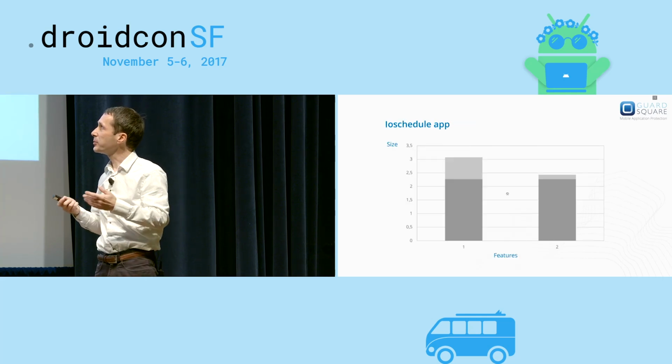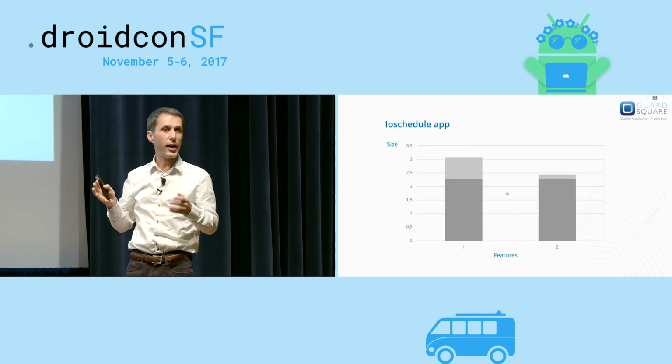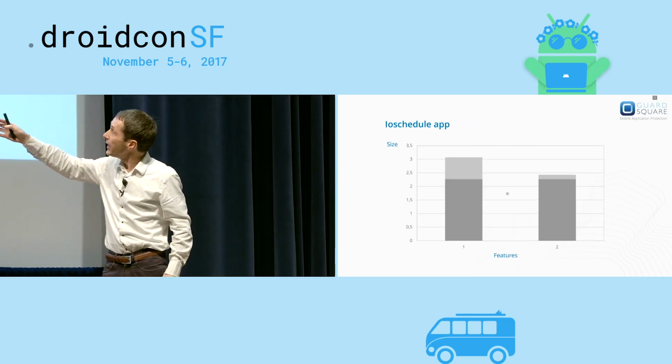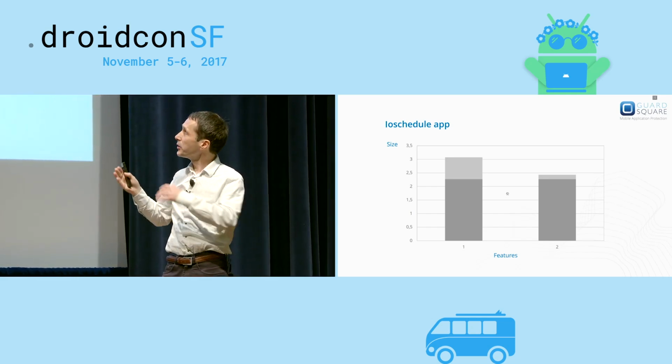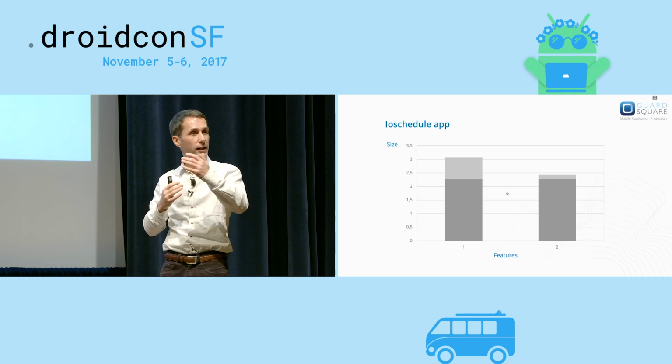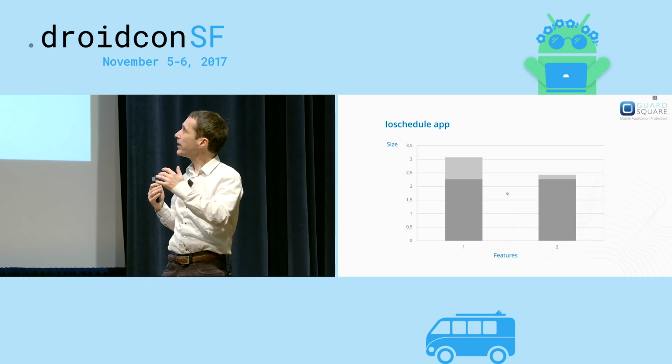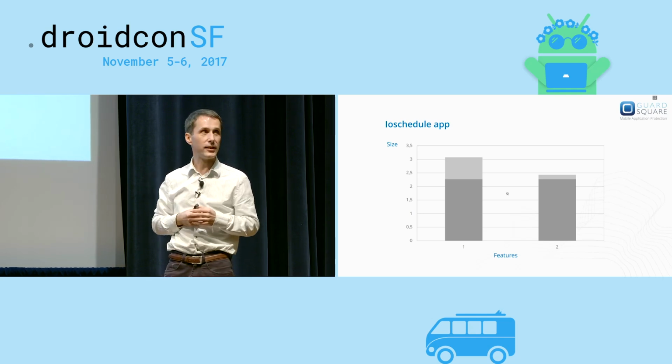And I've done a quick experiment with that. I've put all of the IoSched app in a single feature, except for the map activity of that app. And you can already see that there is a slightly better balance between the base APK size and the feature APK size.